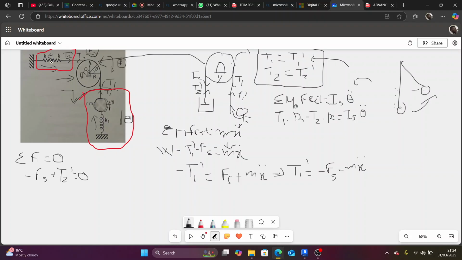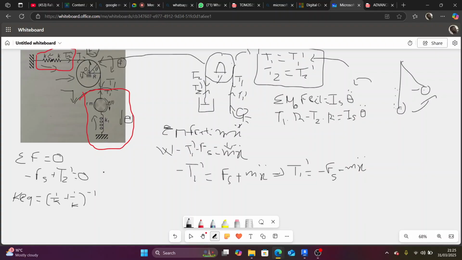Now I have a question here. When you have two springs like this, what do you do? You combine them. You find what we call K equivalent. The K equivalent for springs in series behaves like resistors in parallel: 1 over k plus 1 over k, and then you multiply by the inverse like this.